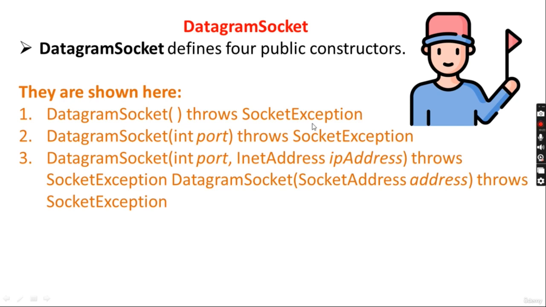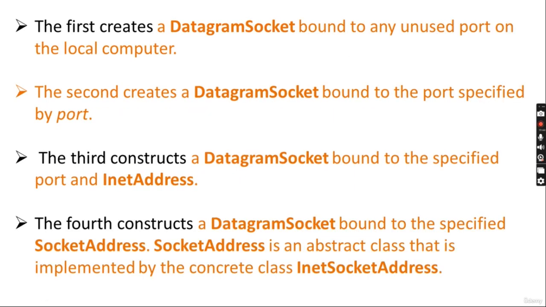One is the default constructor, which throws SocketException. Second is the constructor with a port number, which throws SocketException. In the third, we have provided the IP address, and in the fourth one, DatagramSocket(SocketAddress address) throws SocketException.